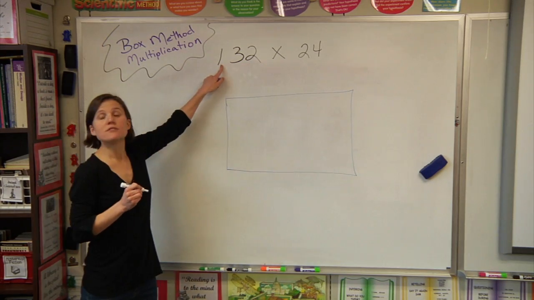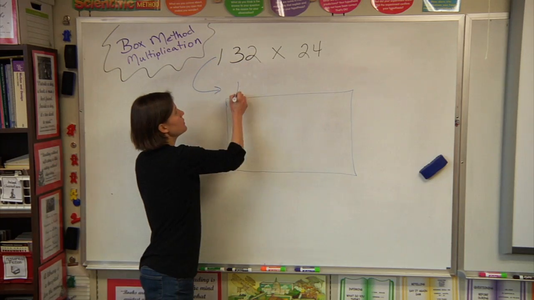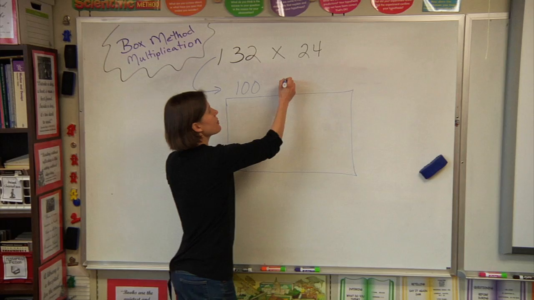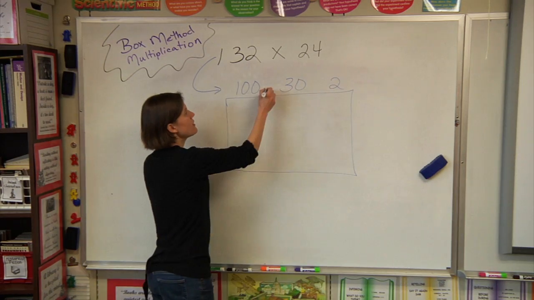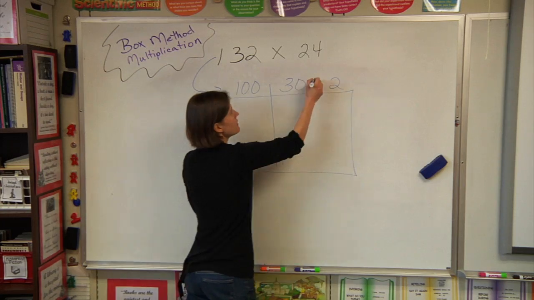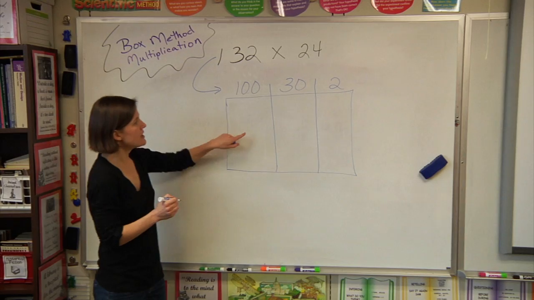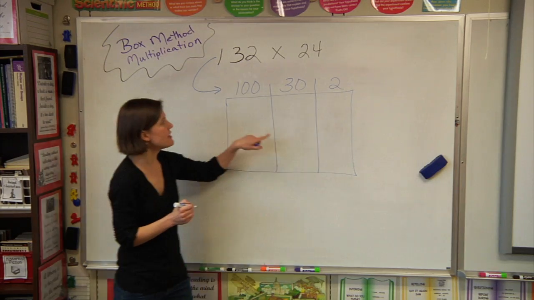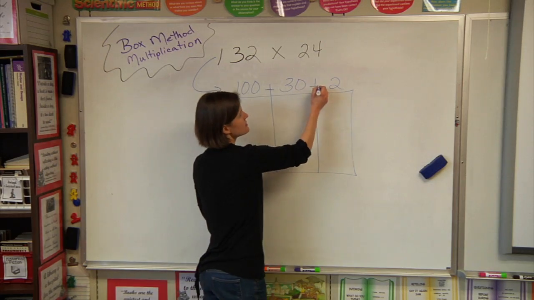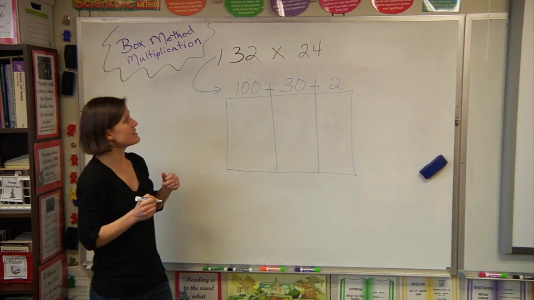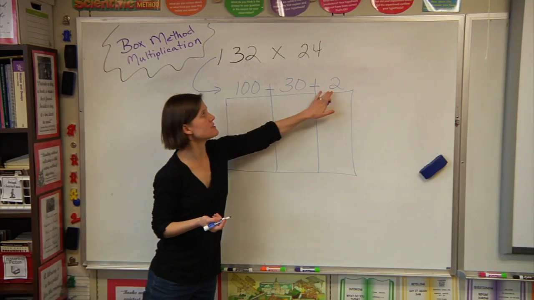I'm going to break up 132 into 100, 30, and 2, which is the expanded form of the number. As you can see, I've broken up my big box into 1, 2, 3 pieces. And what I like to do is with the lines, I like to turn them into little plus signs, which represents the expanded form of 132. 100 plus 30 plus 2.